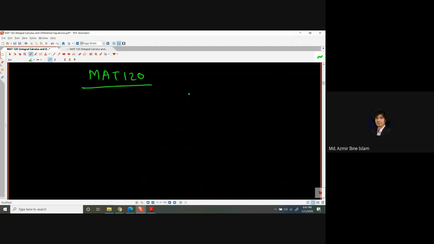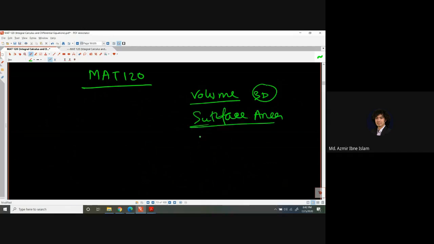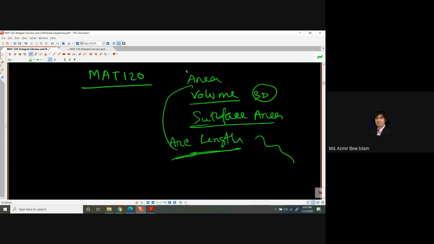That means integral calculus is applied to find the volume of a three-dimensional shape, to find the surface area, and to calculate the length of any curve. That's why it is called arc length. Besides all these things, the common part is also finding area. So integral calculus deals with all these things.